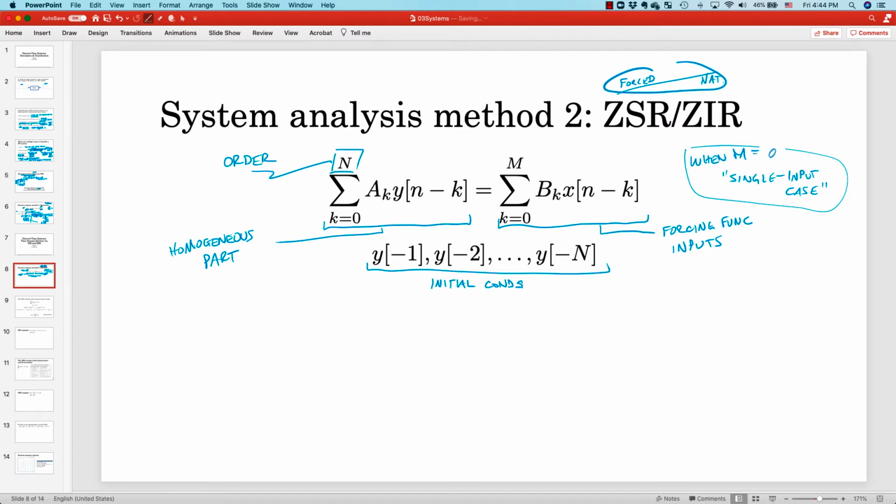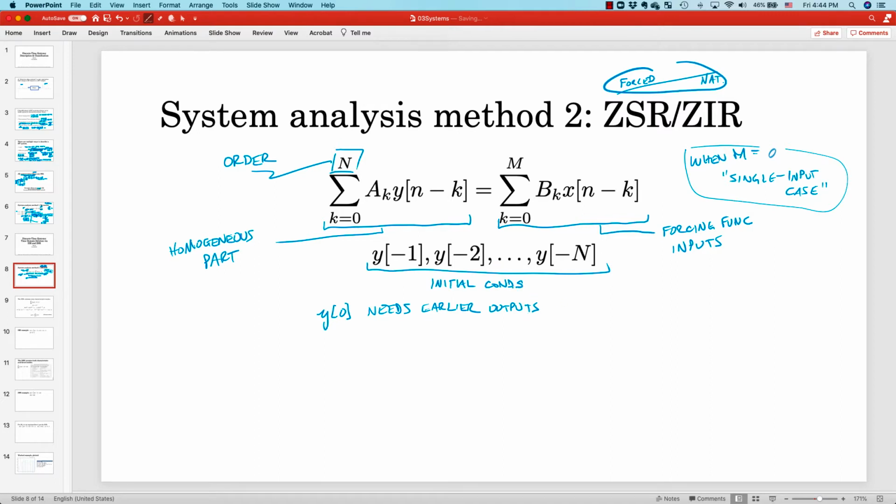We saw these pop up naturally in the solution by recursion because to get the output at y of 0, you often need earlier outputs, especially if the system is recursive. So we incorporate that into what are called initial conditions here. If you want to call them pre-initial conditions, that might help you keep them straight if you're dealing with both discrete and continuous time. But for our class, which is exclusively discrete time, I'm just going to call them the initial conditions.